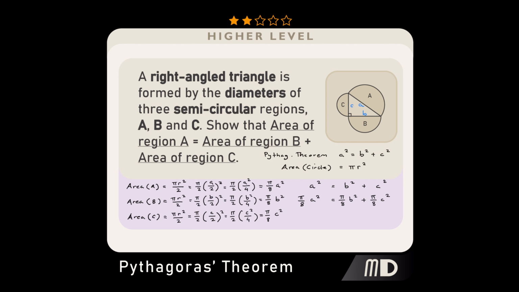So, pi divided by 8 is a factor of each term, which can be cancelled, giving us A squared equal to B squared plus C squared, which in the context of this question is the area of A equal to the area of B plus the area of C.